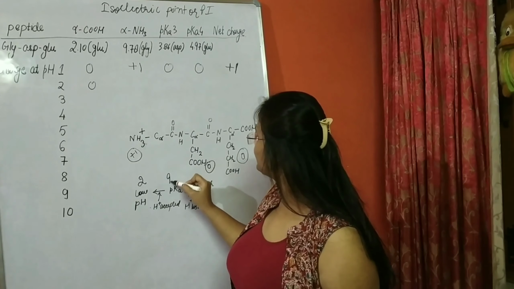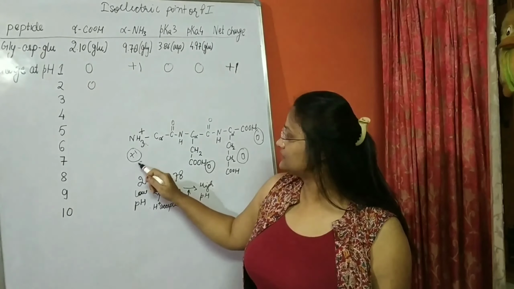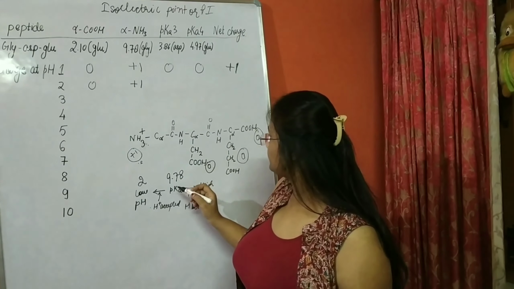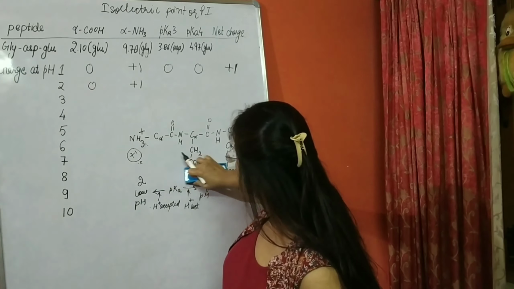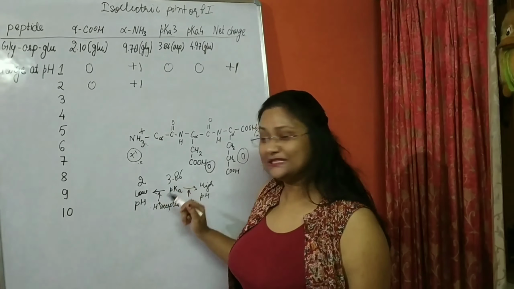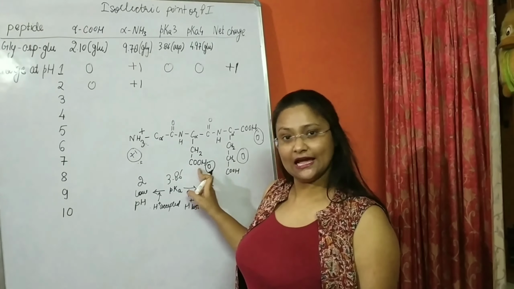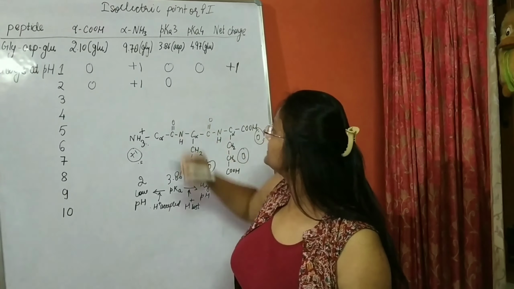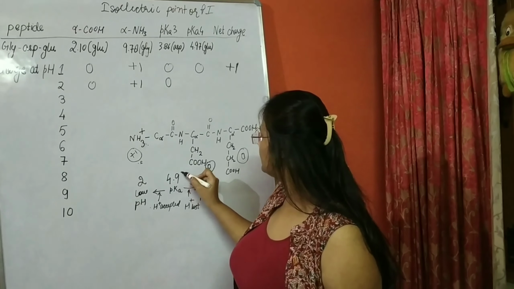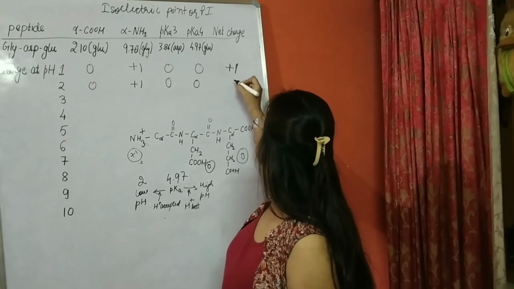For NH3 plus 9.78, it is again at low pH, so H plus will remain accepted, so the charge will be plus 1. Now for 3.86 also, the pH at which it is kept is 2, which is lower than 3.86. So COOH will keep the H plus accepted. It will be 0. Then for 4.97 also, H plus will remain accepted. So here also the charge will be 0. Again the net charge is plus 1.